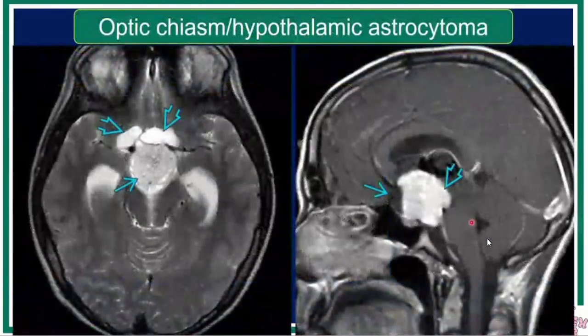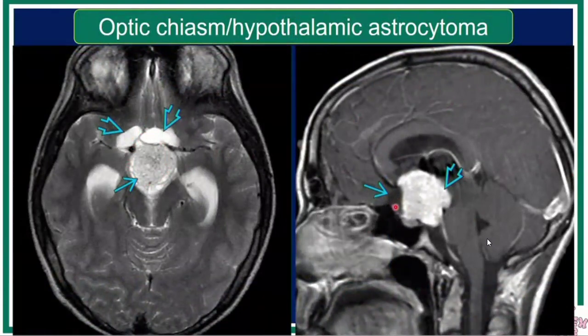Then optic chiasm hypothalamic astrocytomas are again tumors that you see in the suprasellar region in kids. These are centered at the optic chiasm and hypothalamic region, again heterogeneous, mostly solidly enhancing. But in kids, these lesions are of the pilocytic variety, which usually have a cyst with mural nodule kind of appearance. So here on this image, you can see that this intensely enhancing mass also has cystic components.